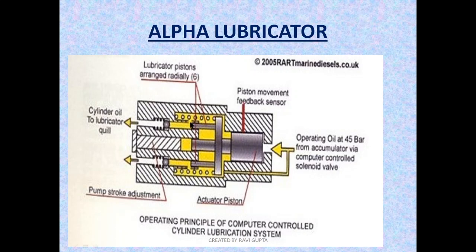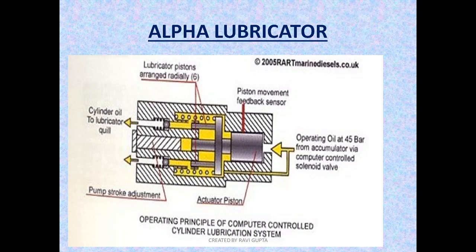So basically the lubricator unit is not actuated on every revolution. Depending upon the engine load, the frequency of actuator piston movement varies.